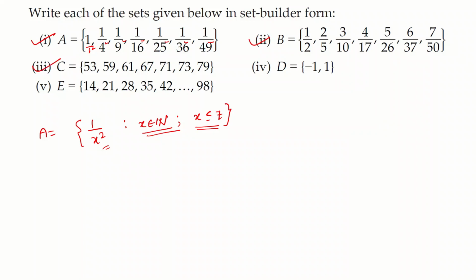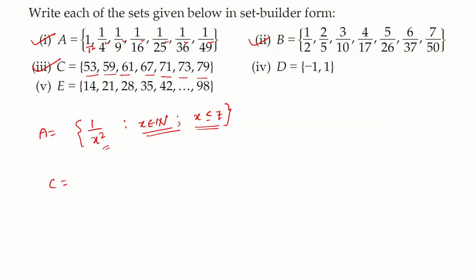Question number 3, the set C is 59, 53, 59, 61, 67, 71, 73, 79. So if you observe the pattern, these are all prime numbers between 50 and 80.